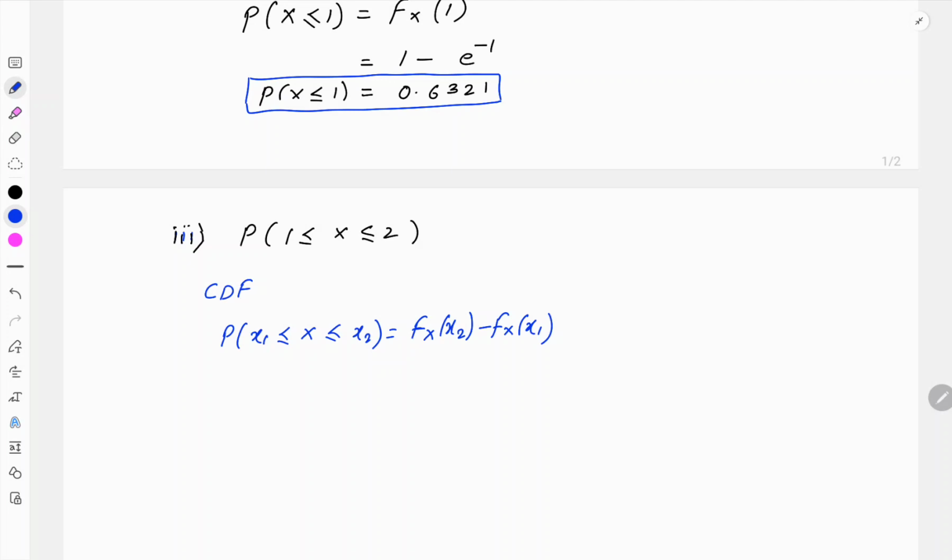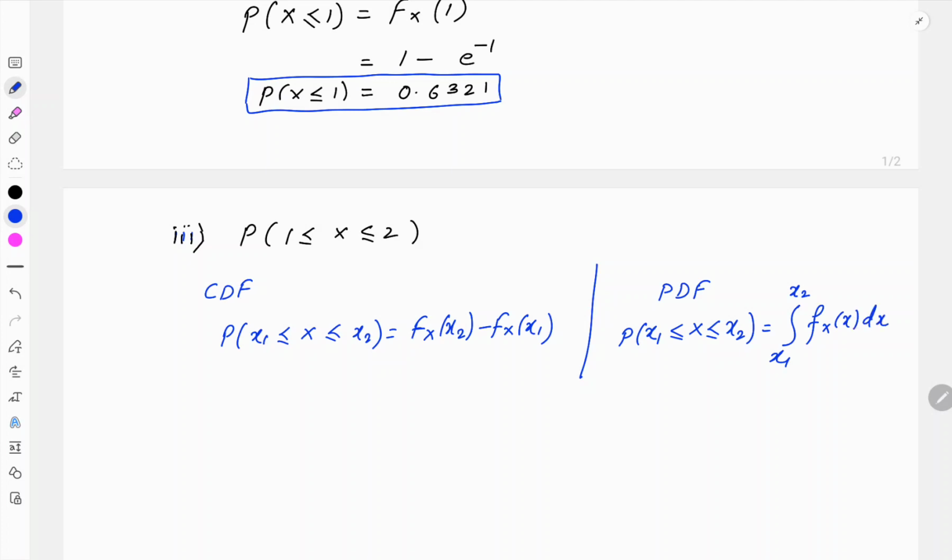Similarly, if we go with PDF, so for PDF, we can make use of the equation. So probability of x1 to x2 can be obtained using integration from x1 to x2 fx of x dx.